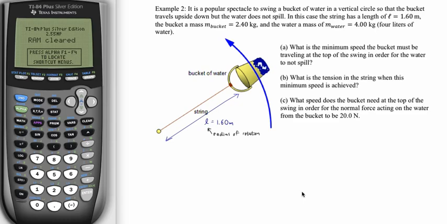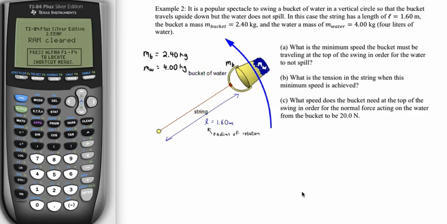But then we also have the mass of the bucket outside, that's MB. MB is given as 2.4 kilograms, and MW as 4 kilograms, which is equal to 4 liters of water because 1 liter of water weighs 1 kilogram.